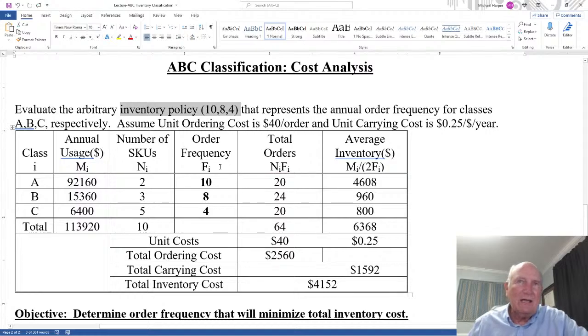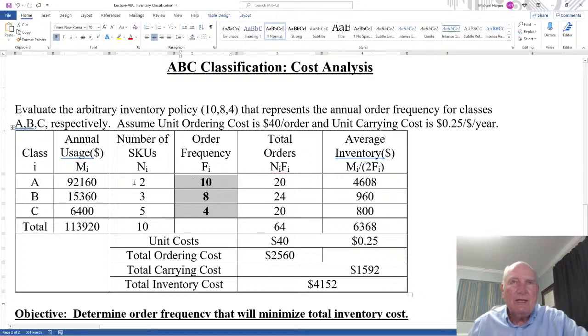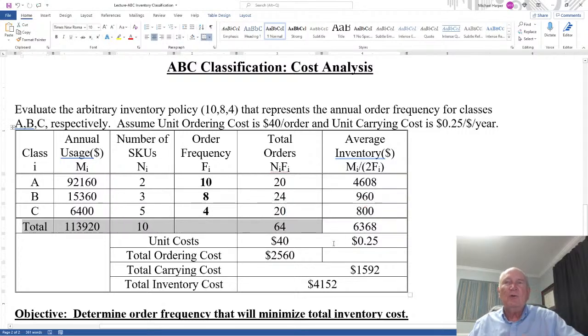So you can analyze this. If each of these SKUs I order 10 times, then 2 times 10, my total orders over the year for my A items is 20. It's going to be 24 for my B items. 4 times 5 is 20 for my C. So my total here is 64 total orders for my purchasing department.